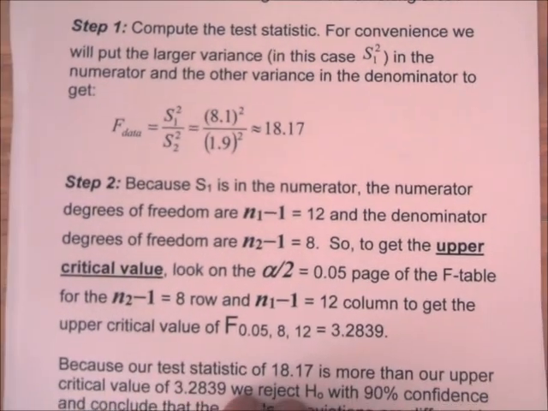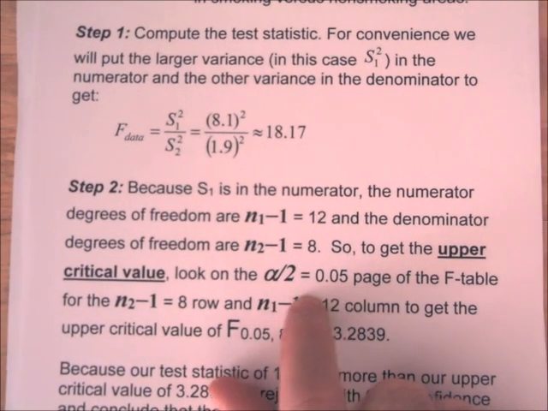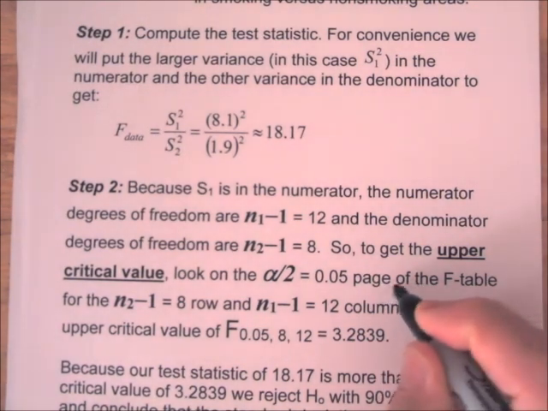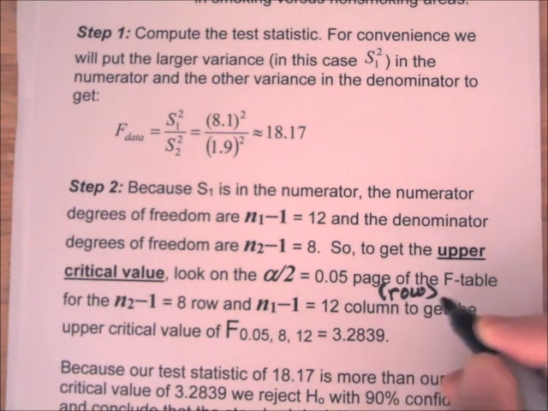So to get the upper critical value, you want to look in the F table, and it depends. I wrote the 0.05 page. It could be the 0.05 page or row, depends on how the table is set up.